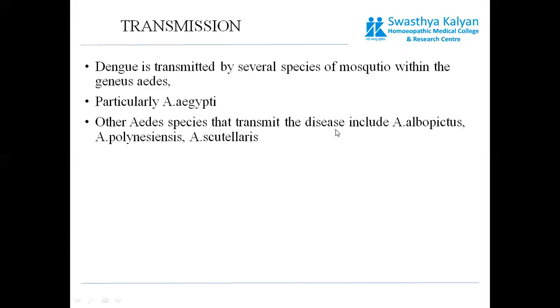Other Aedes species that transmit the disease include Albopictus, Polynesiensis, and Scutellaris. These are some other species of Aedes which carry the dengue virus.